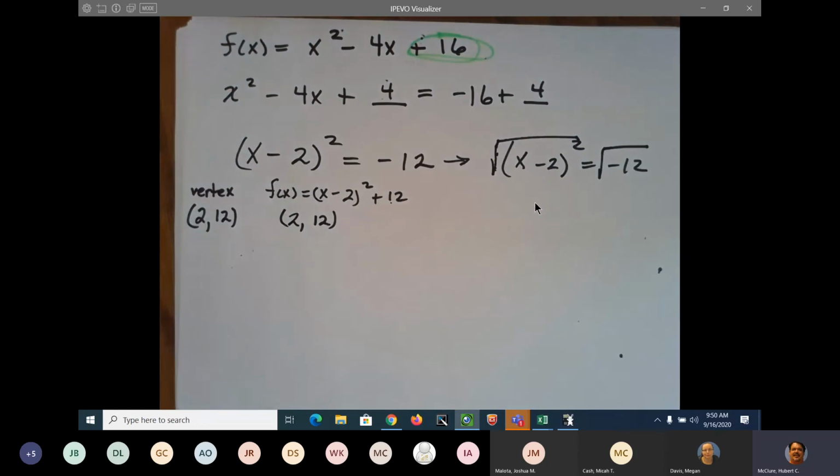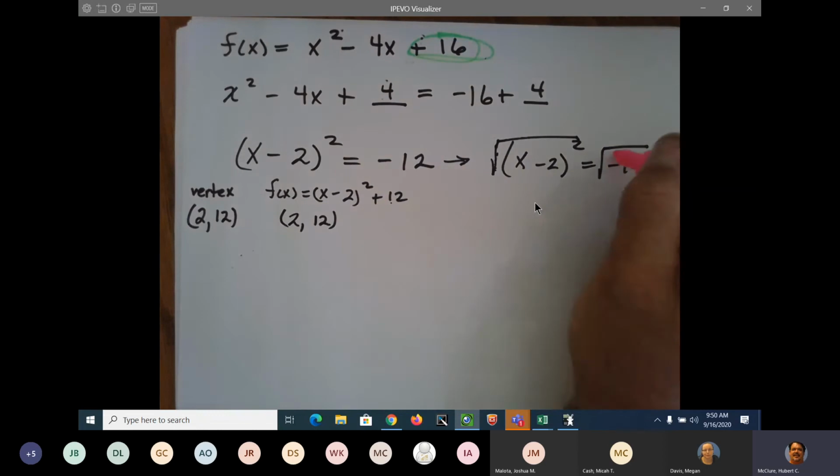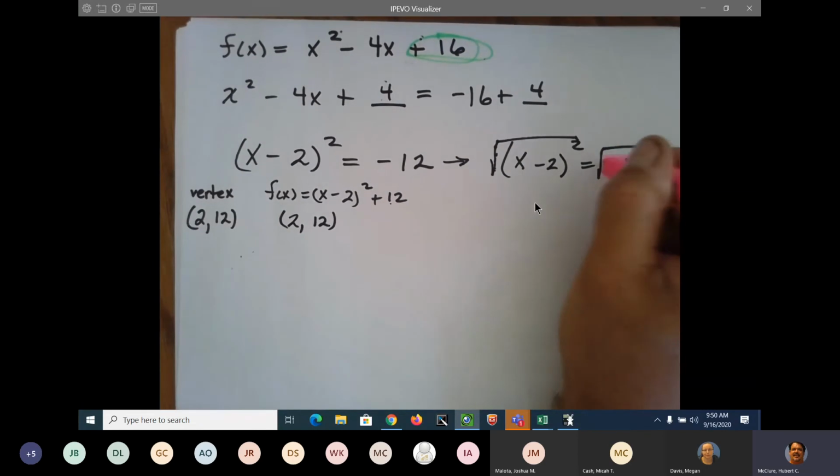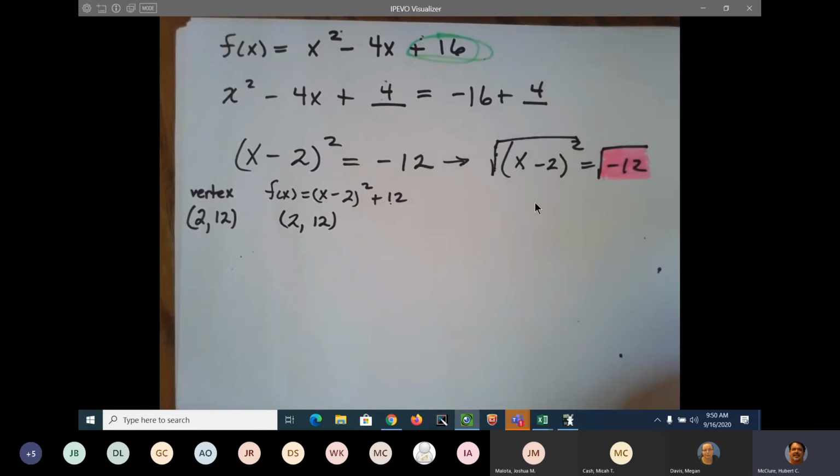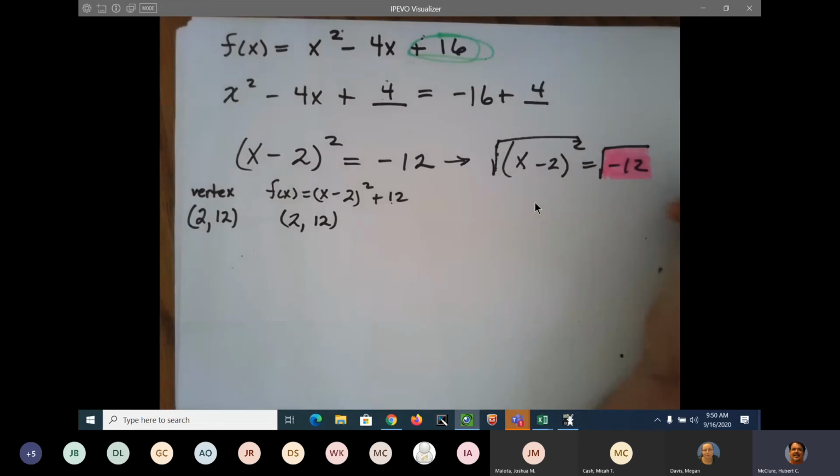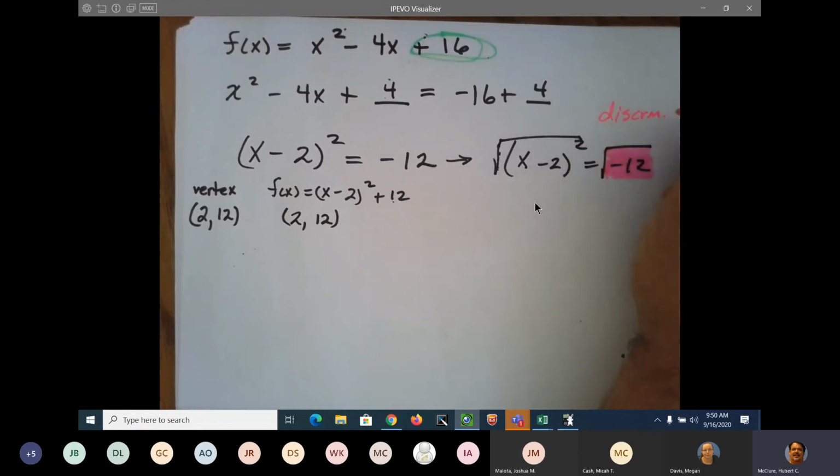That's when you take your handy dandy highlighter out and you say, buzzer goes off saying no x-intercepts because your discriminant is a negative. And the question will ask that. They'll say, what is the discriminant? Discriminant is negative, therefore no solution or no x-intercepts.